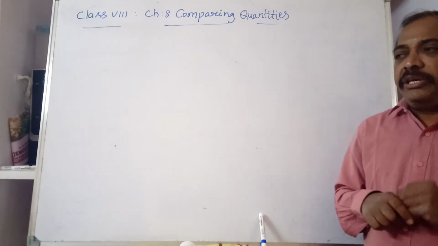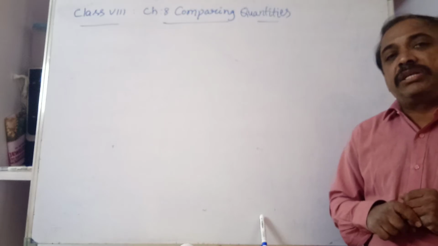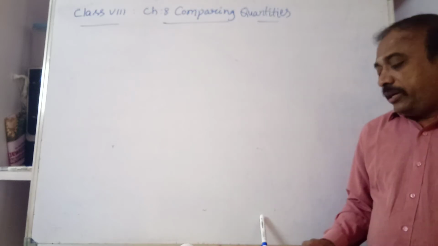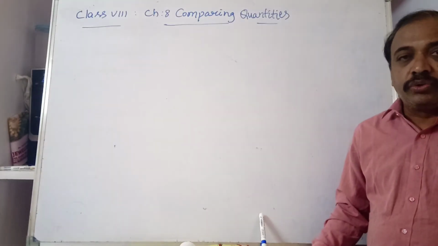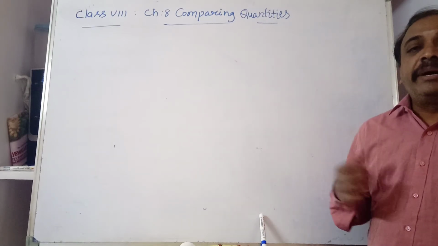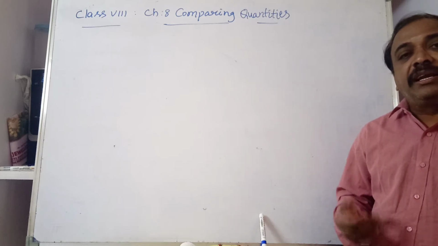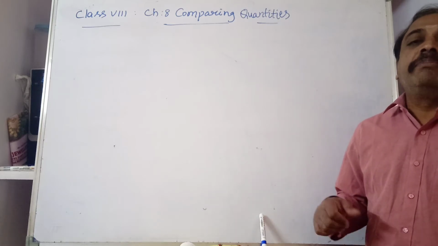Suppose suddenly your father may plan for the construction of a new house, or your elder brother or sister wants to go abroad. In these cases, the amount which the father or mother is earning may not be sufficient.